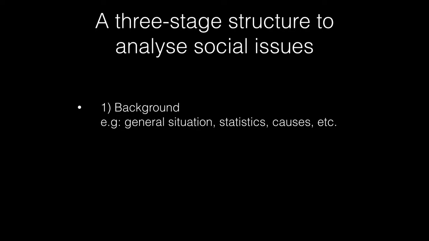Yes, when it comes to social issues, talking about causes is very important because the causes usually echo with the last part. So we will know what the last part is later.